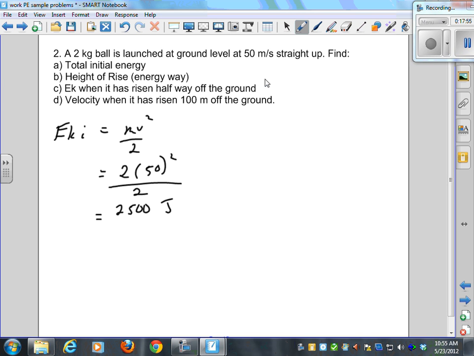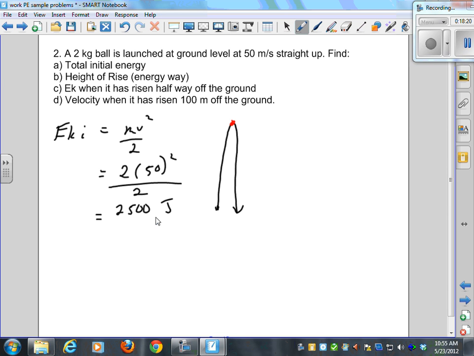Now, to find the height of rise using the energy standpoint, the 2,500 joules is how much it has at the start. When it's right up here at the peak, how much potential energy is it going to have? 2,500, right? All of that kinetic energy must be transferred to potential.